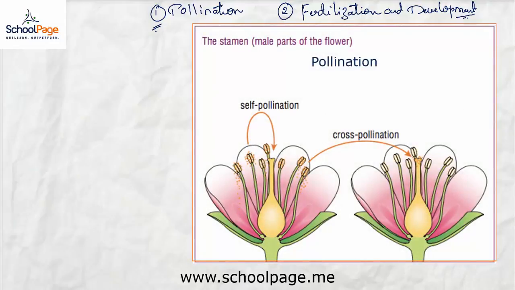Pollination is a process in which the pollen from the stamens is transferred to the stigma of the flower. So pollination is a process of transfer of pollen, the pollen grains, from stamen to stigma.